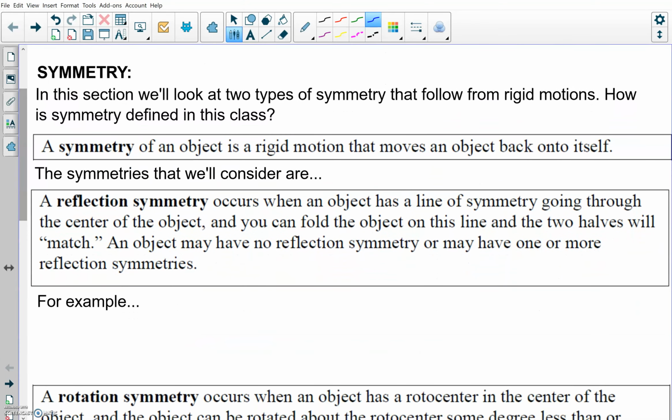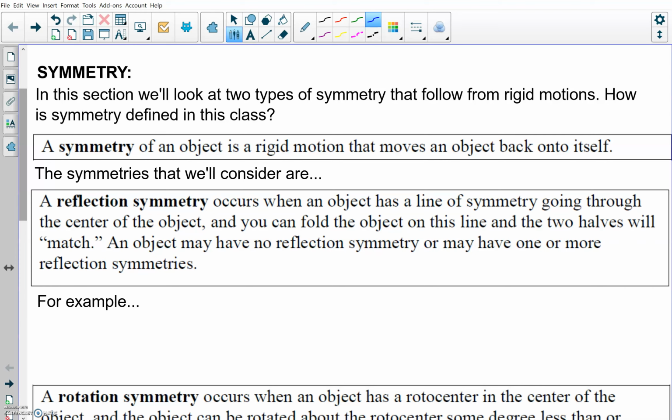Symmetry overall is going to be defined based on the concept of rigid motions. So your rigid motion of reflection, your rigid motion of rotation, those are what's coming in here. But symmetry is when a rigid motion moves an object back onto itself. So if you're reflecting, then it looks like when you're done that you didn't reflect anything.